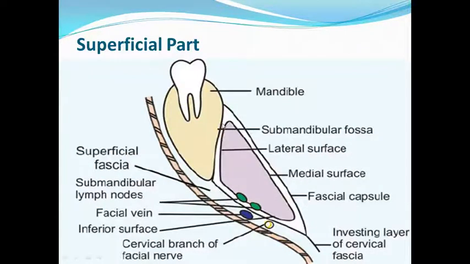Now, this superficial part of the submandibular gland has three surfaces: the lateral surface, then the medial surface in continuation with the mylohyoid line, and the inferior or superficial surface.